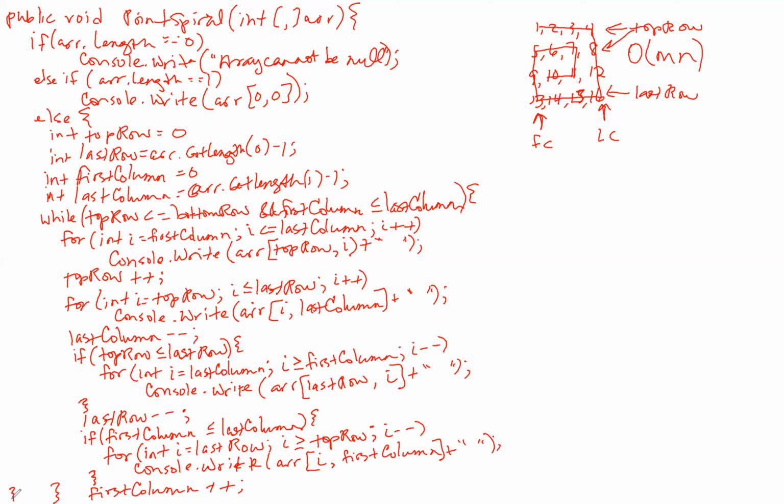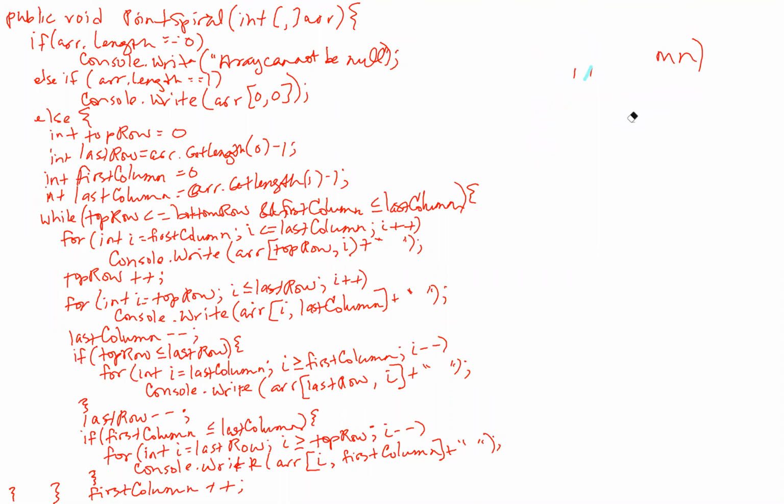So what we want to do is walk through this with an example. We'll get all new numbers in there. Let's do 1, 2, 3, 4, 5, 6, 7, 8, 9, 10, 11, and 12.